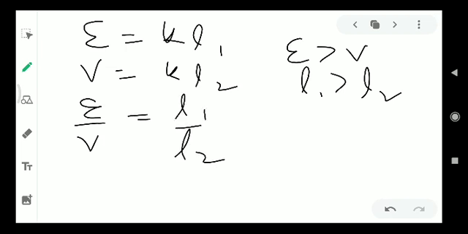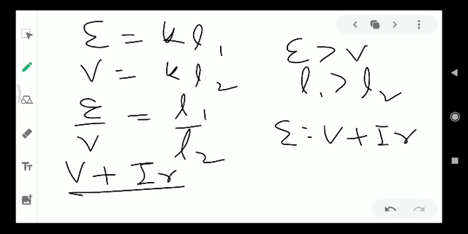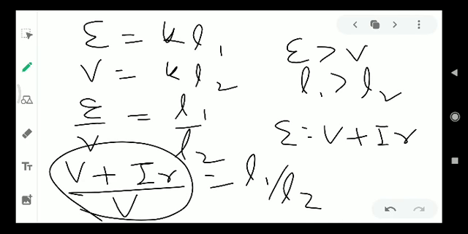Now we know E is equal to V plus I small r. So I can replace EMF by V plus Ir, divided by V is equal to L1 by L2. In the next step, I can separate these two things.